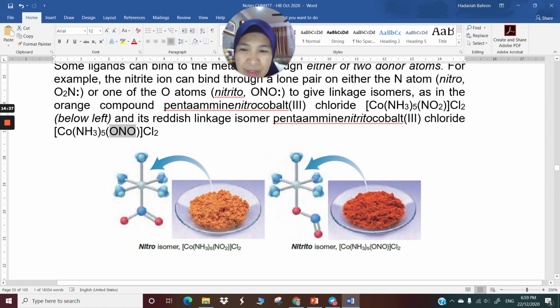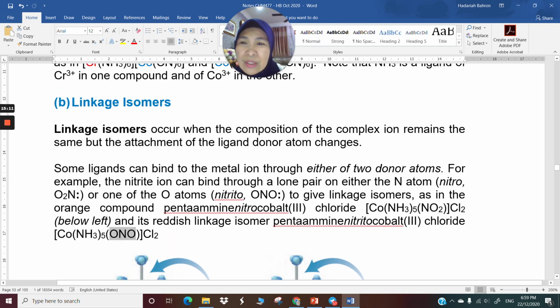The compound produced when the ligand is attached through oxygen is distinctly different from this compound. Even through the color, you can see the difference: one is light orange, one is darker orange. So these are two very different compounds, but they have exactly the same formula and exactly the same ligand, with different points of attachment. And that is called linkage isomerism.